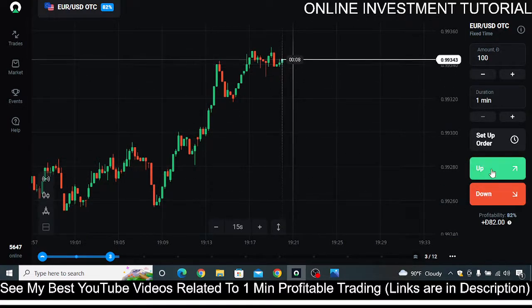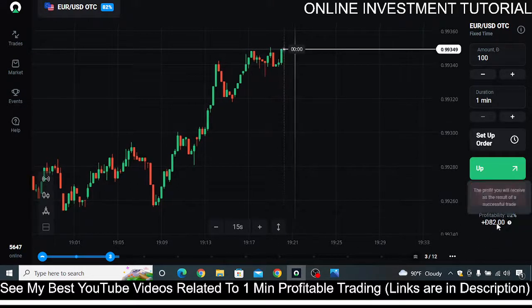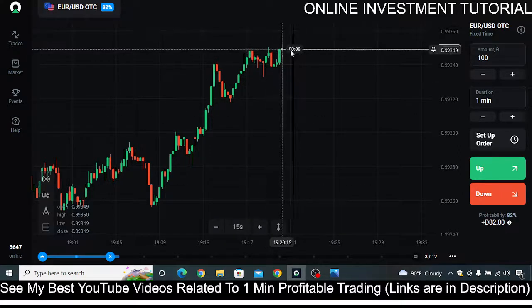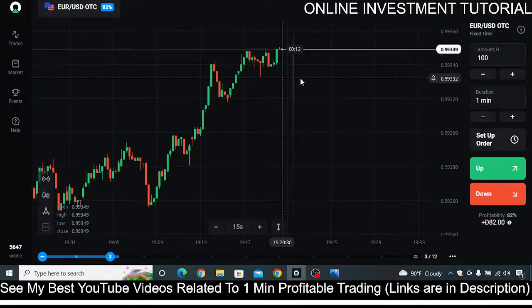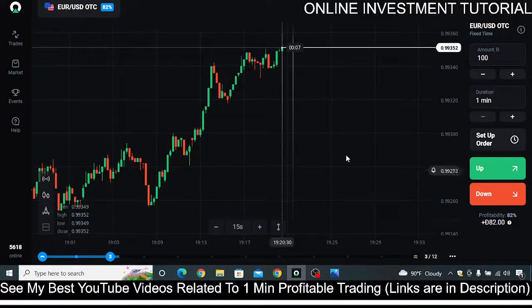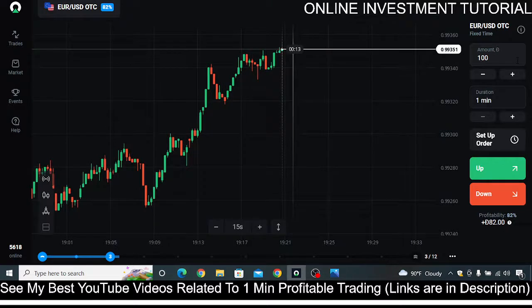If you clicked up and the market remained up and you invested $100, then within 1 minute you will be able to make up to $82 in profit, no matter how much or how little the market goes up. Similarly, if you invested $100, selected 1 minute duration and clicked down, and after 1 minute the market is below where you made the down trade, then you also make a profit, and vice versa. If the market goes the opposite way, you lose your full investment. In simple words, that is fixed time trading.